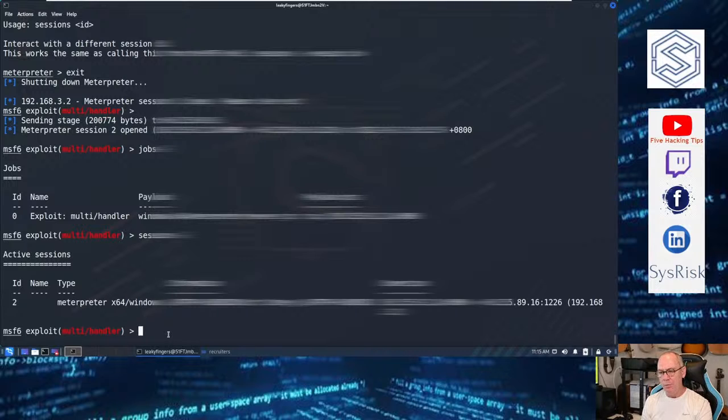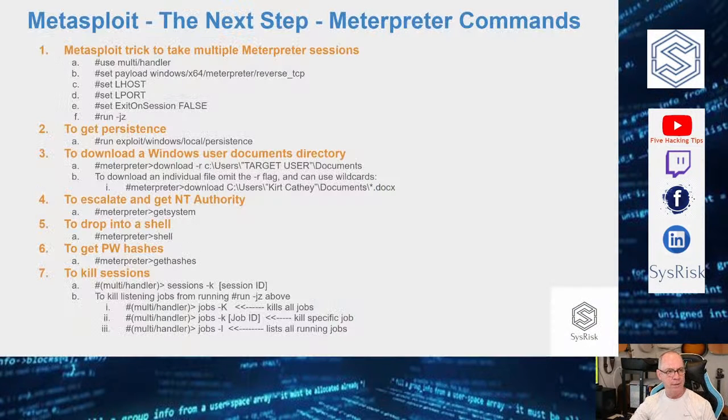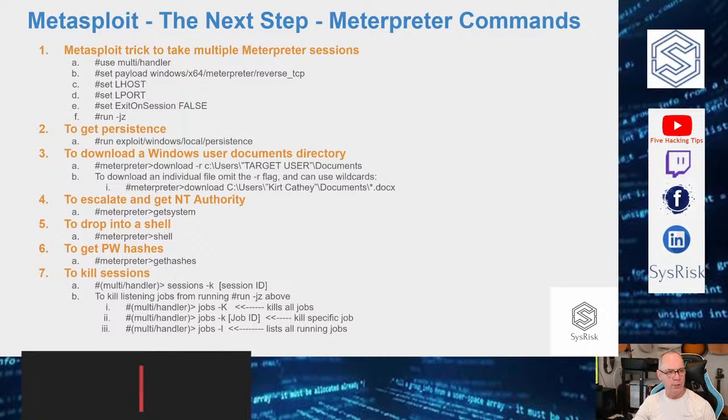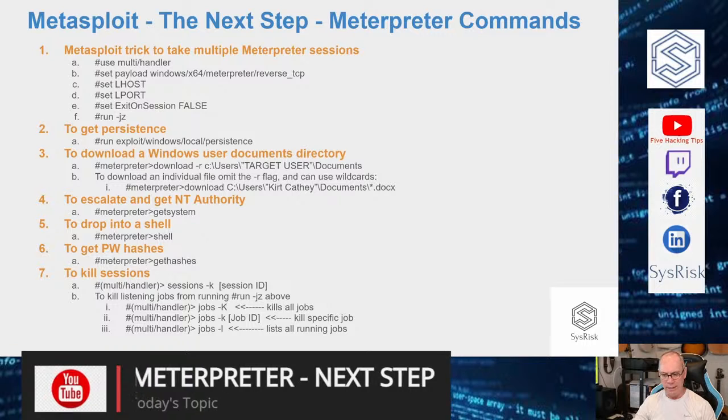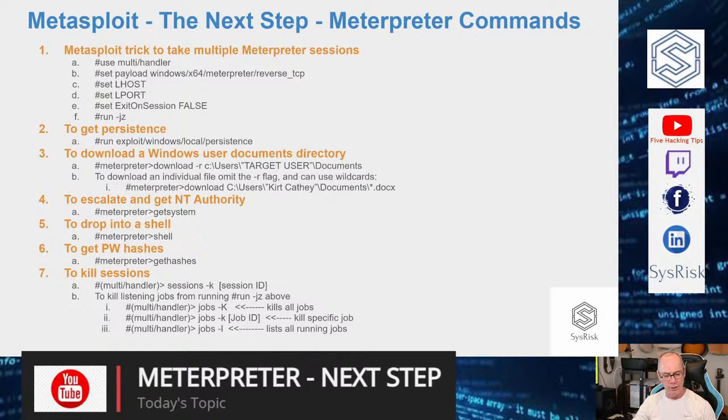So if you want to kill all jobs that are out there, all multi-handler jobs, you hit what it says here. I'm not going to do it because I'm still demonstrating, but you hit jobs minus K, and it just basically kills all jobs. If you want to kill a single job, you hit jobs minus lowercase k, and you put in the job ID.